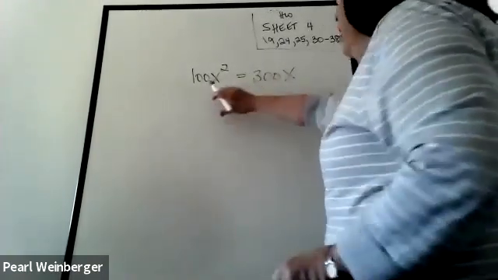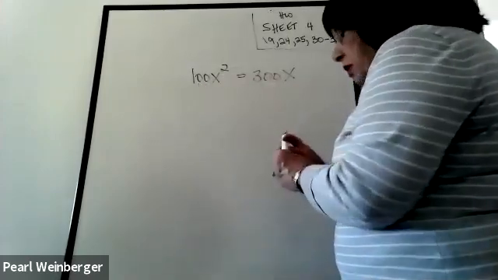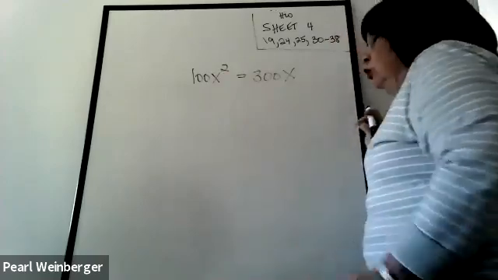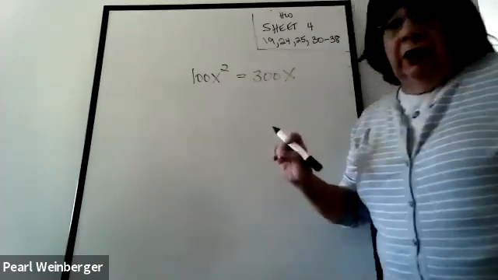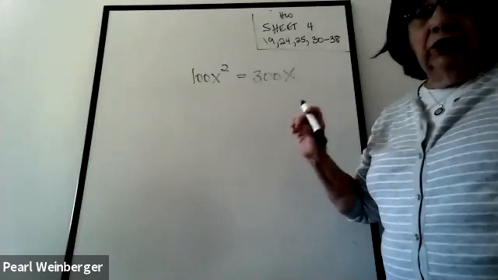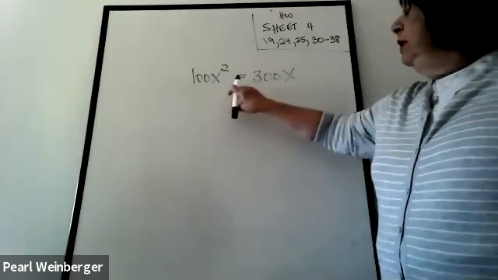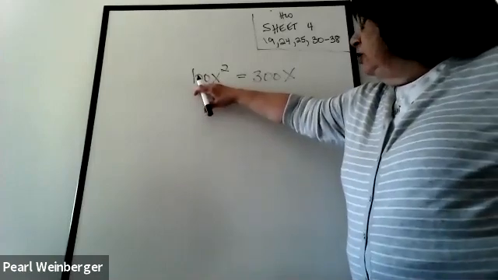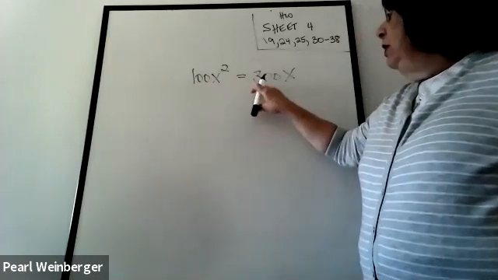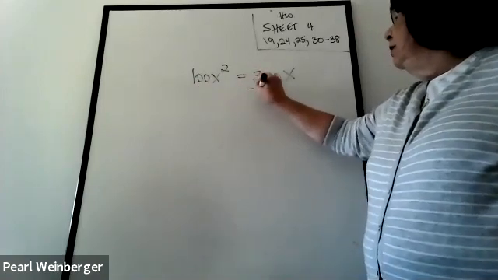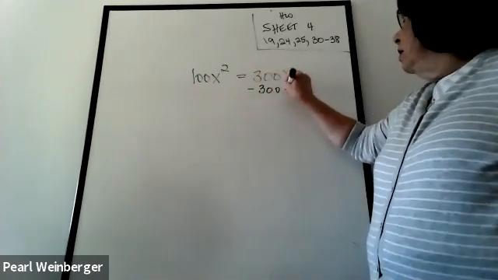I want to solve this equation, and the first thing I notice, it has an x squared. It means it's a quadratic equation. And when I have a quadratic equation, I want to set it equal to 0, which means since this side has the x squared and it's positive, I'm going to bring the 300x to the other side. I'm going to subtract 300x from both sides.